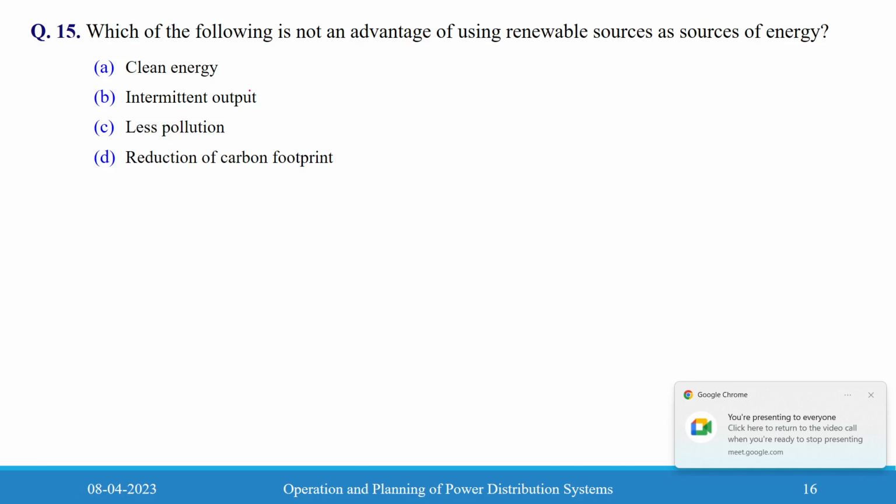Intermittent output means variable energy resources. It depends on the weather or climatic conditions. So we can say that intermittent output means variable energy resources.